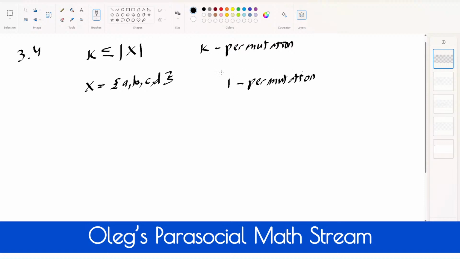So k equals 1. How many singletons can we make here? You can think of it that way. A, B, C, D. How many non-repetitive lists can we make of length 1? All right, well, there's 4. Now, what about 2?